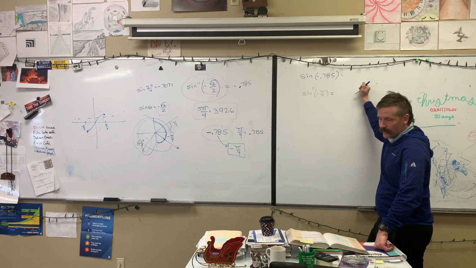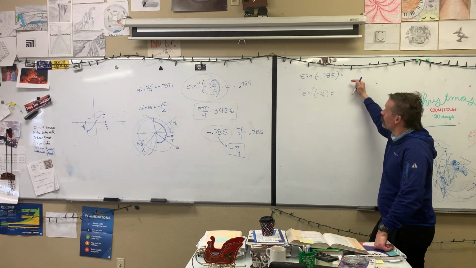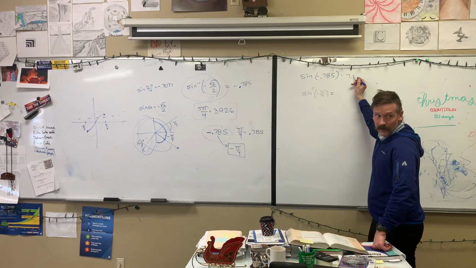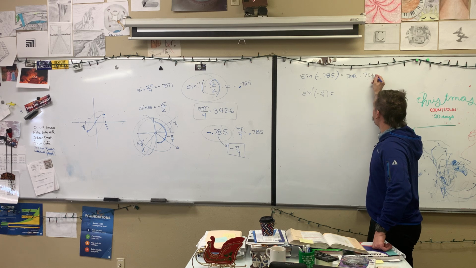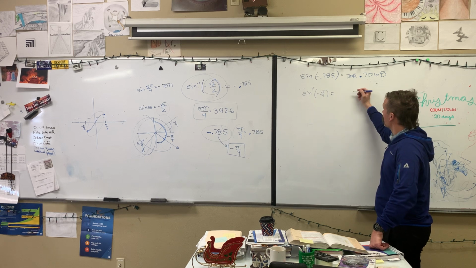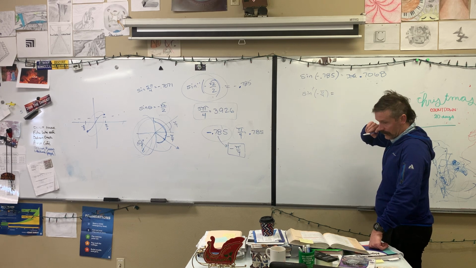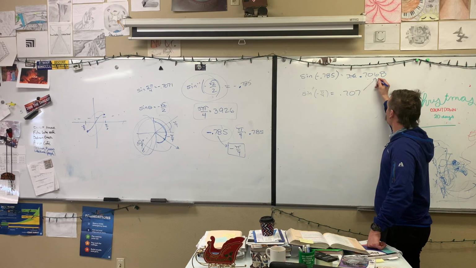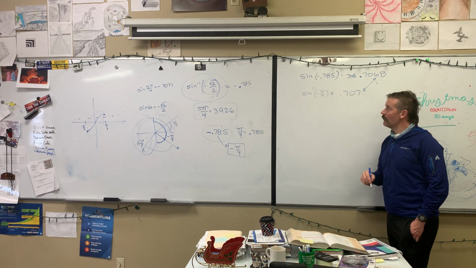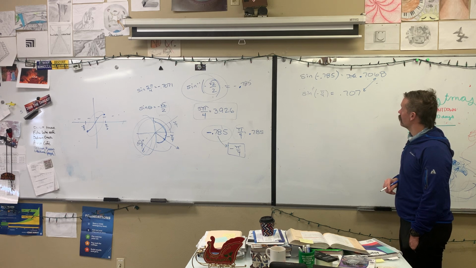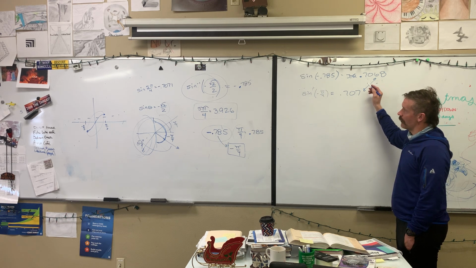Thank you. So you get 0.7068. Okay, and then what do you get when you do this? 0.707. So shouldn't it give you the value of root 2 over 2? Never mind, I think this is the value of root 2 over 2.